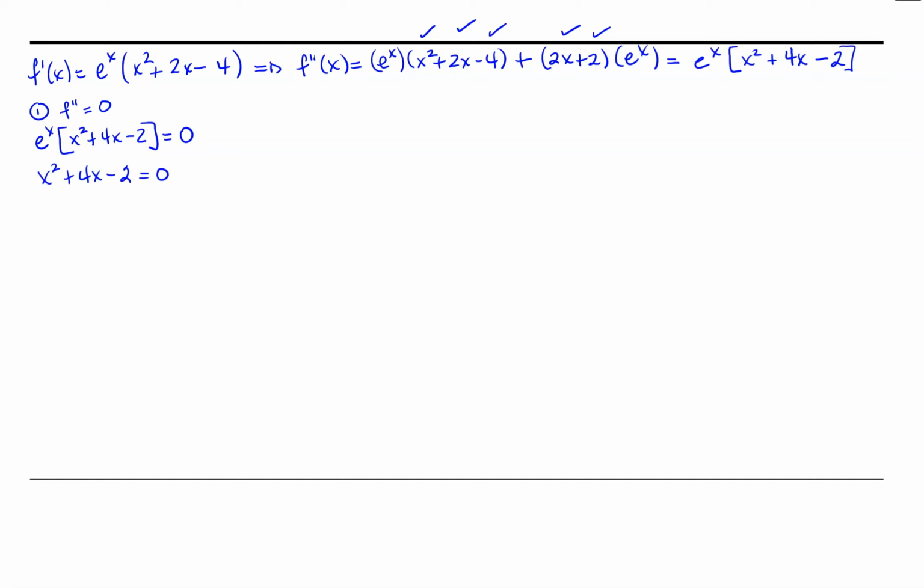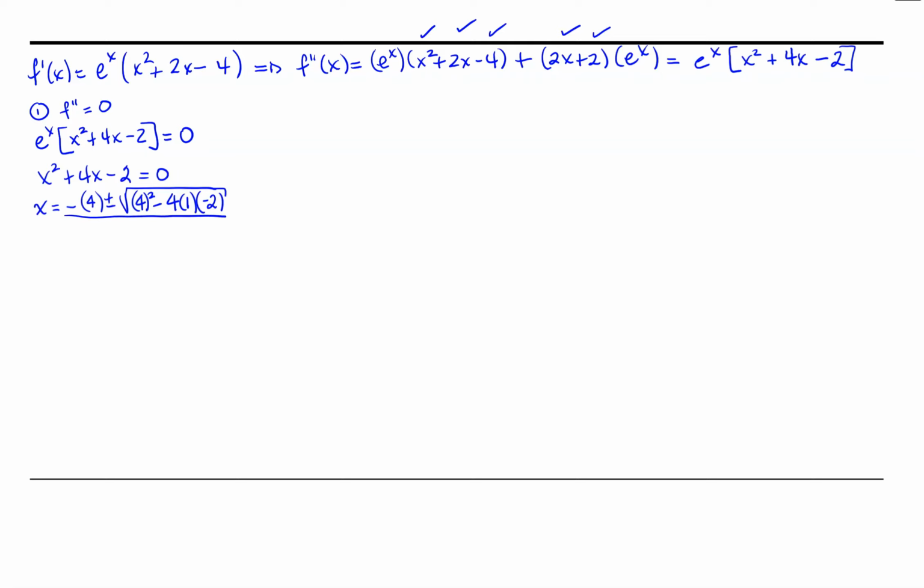Now this quadratic cannot be factored, so we will use the quadratic formula. So x equals the opposite of b, which is 4, plus or minus the square root of b squared, or 4 squared, minus 4 times a, which is 1, times c, which is negative 2.